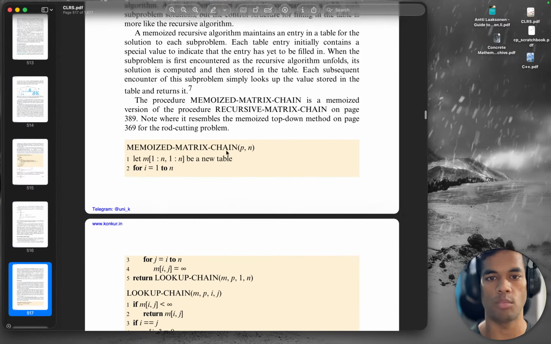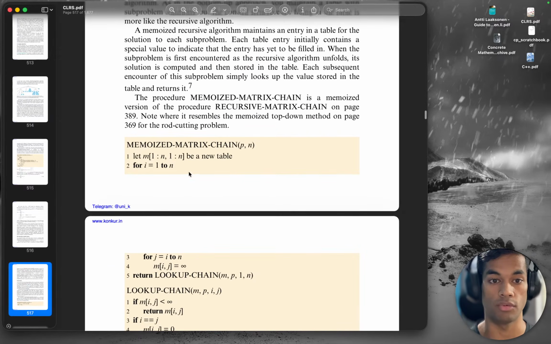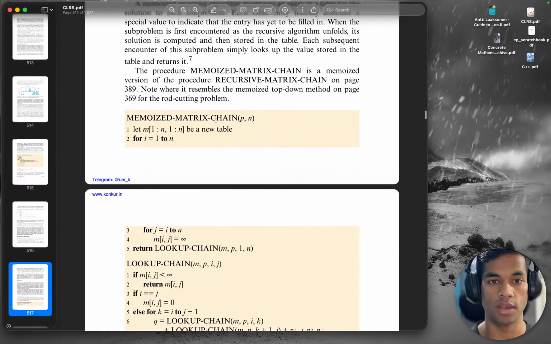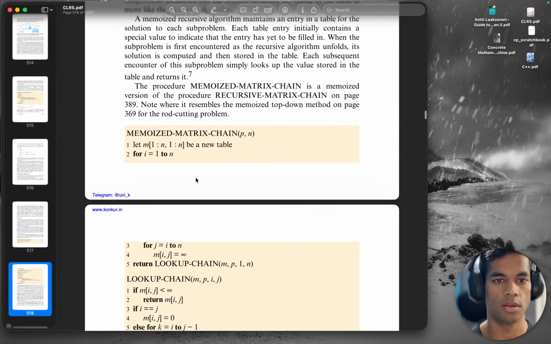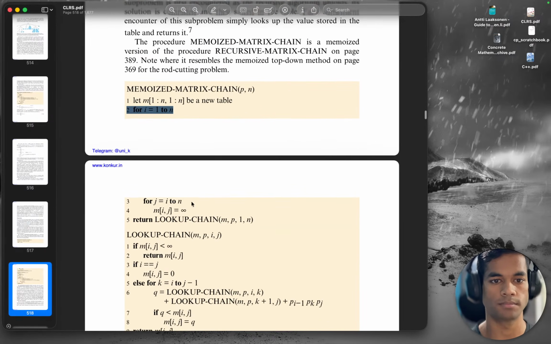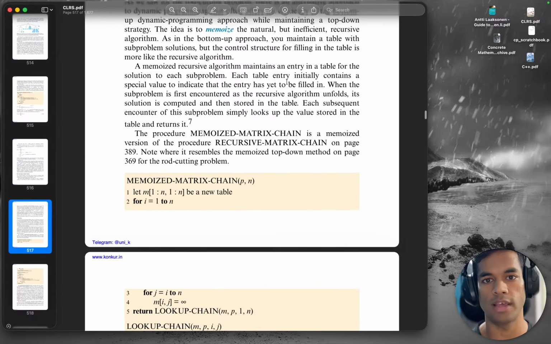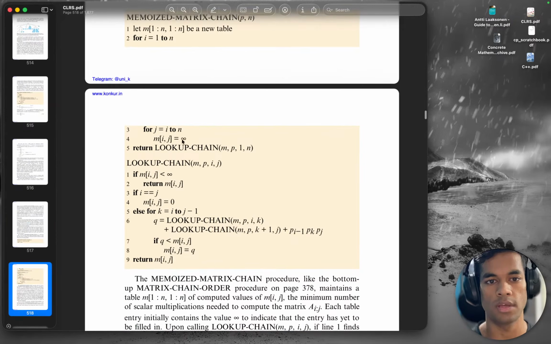The procedure is MEMOIZED-MATRIX-CHAIN. Here we have this table and we are iterating from i = 1 to n, calling LOOKUP-CHAIN. In this part, we are setting all the values in this two-dimensional matrix to infinity, which is equivalent to initializing the answer, so that we know that this entry is not yet filled in.